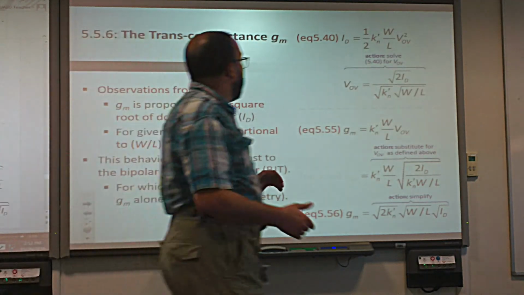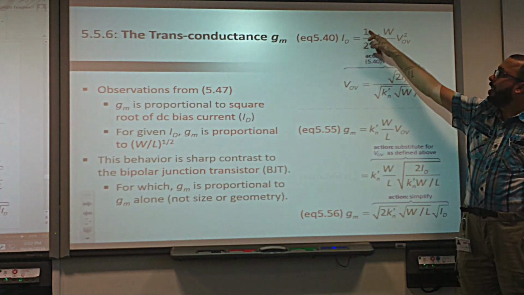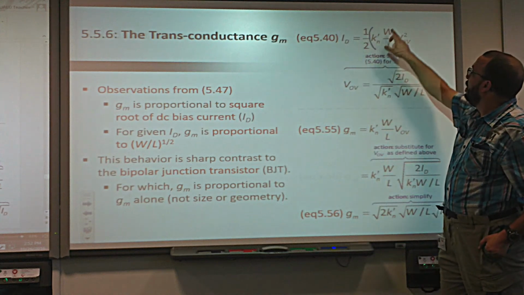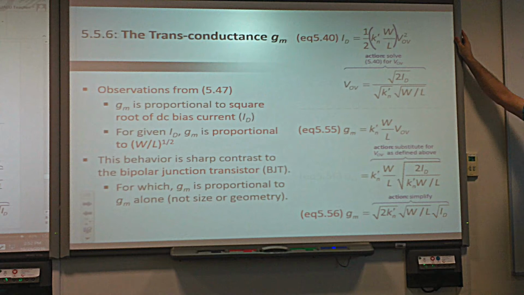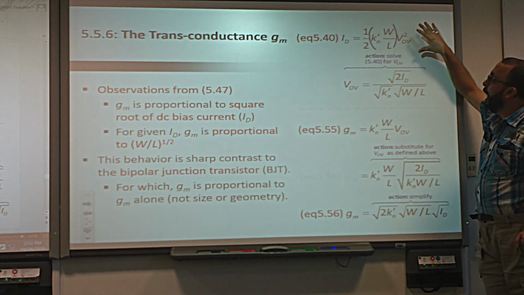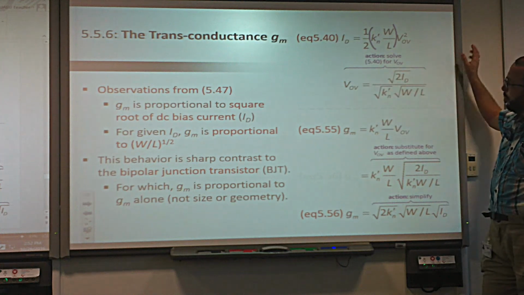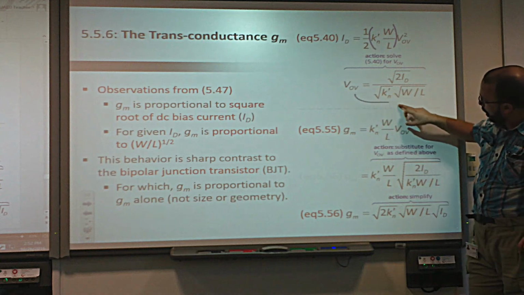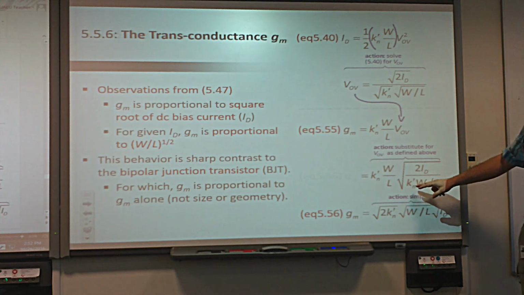If we take the equation of the current in saturation, which is half Kn V overdrive squared, or half Kn prime W over L, V overdrive squared. If we take this equation, and from it we take the overdrive and express it, and plug it in the equation of GM, the transconductance, then we will have this equation.